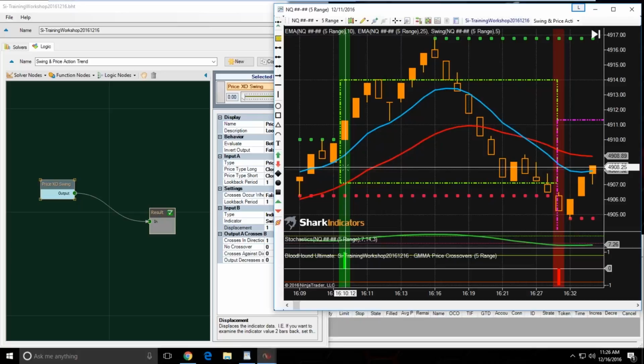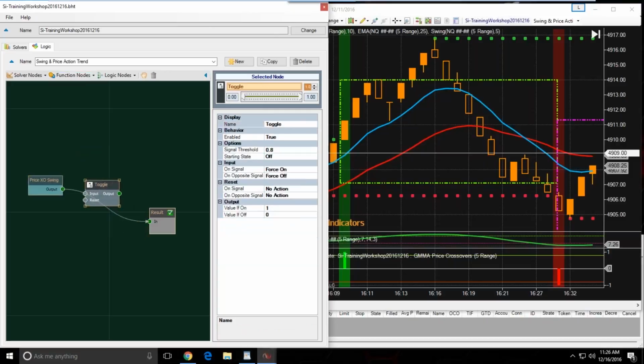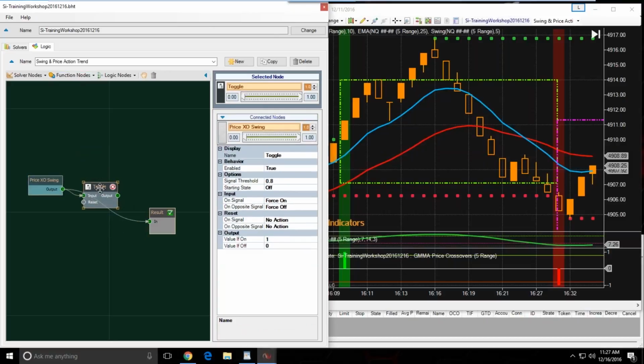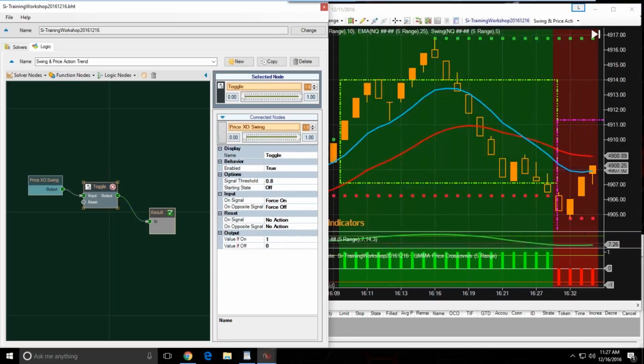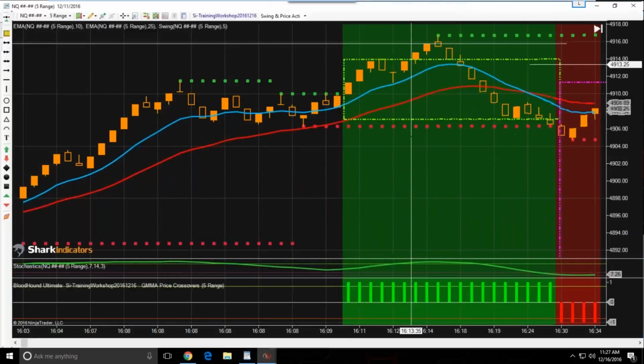But I think the intention here is that this is not the actual trade signal, but this is more of a trend state. So what we can do is use the toggle node. Plug that into the toggle node, and the toggle node will track the state.